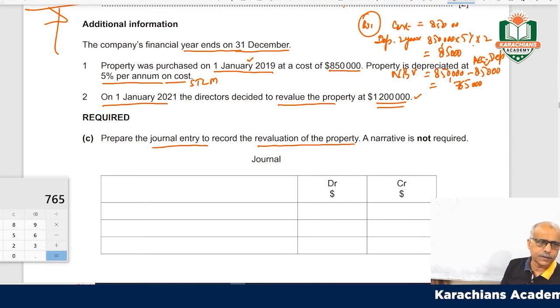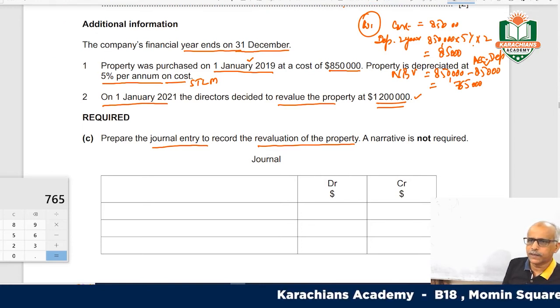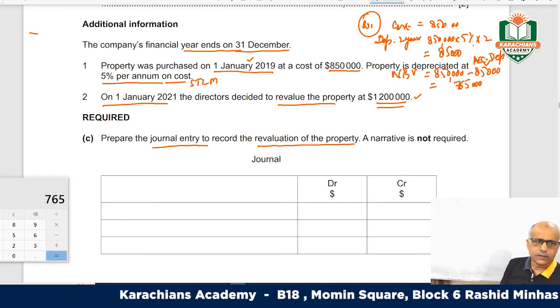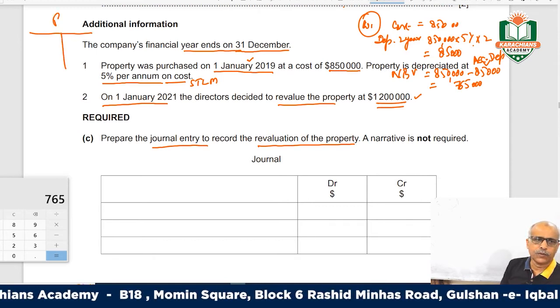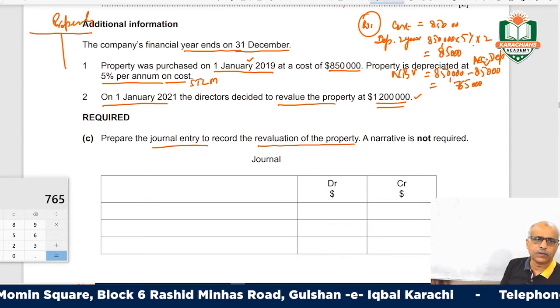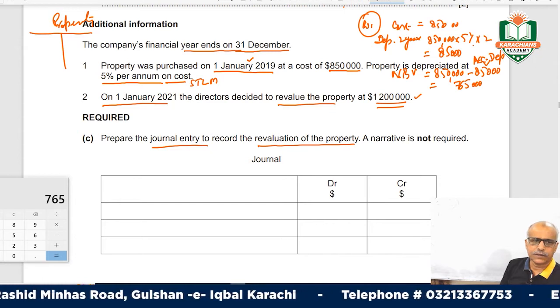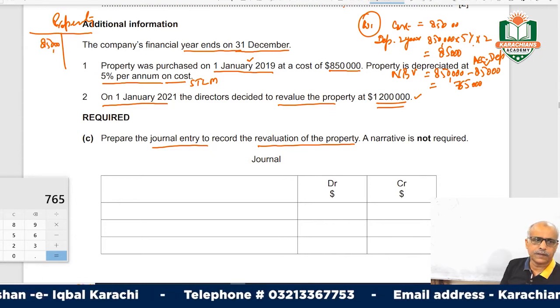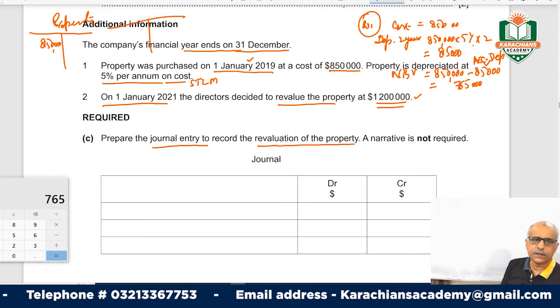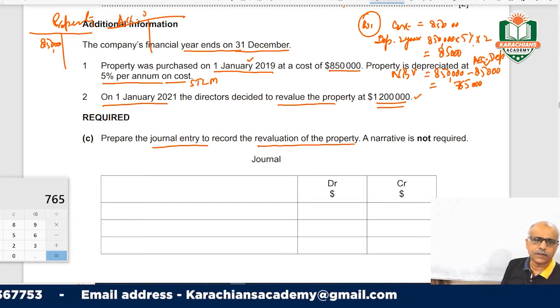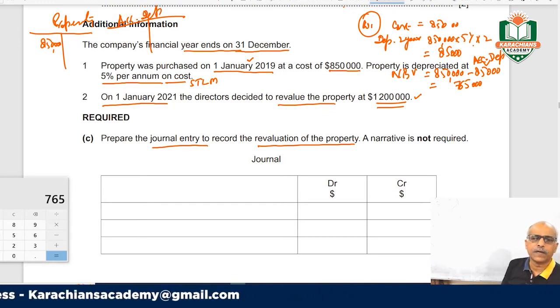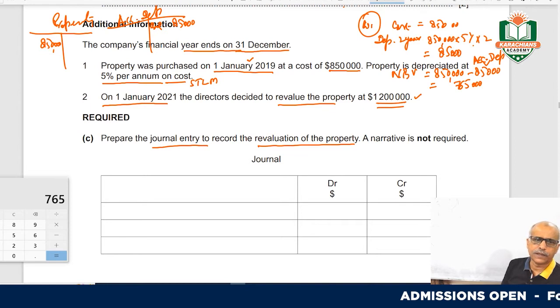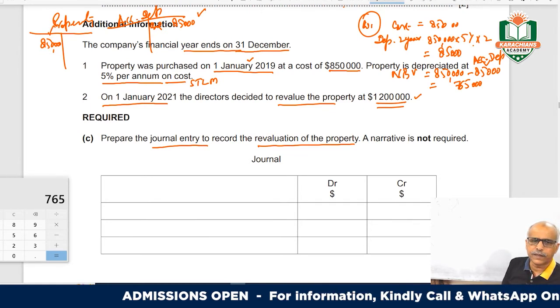Your property will remain at cost, 850,000, but the accumulated depreciation will get credited every year by 42,500. So there will be a balance of 85,000 on the credit side, and 850,000 asset on the debit side.